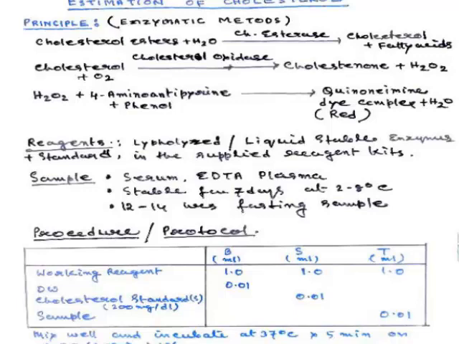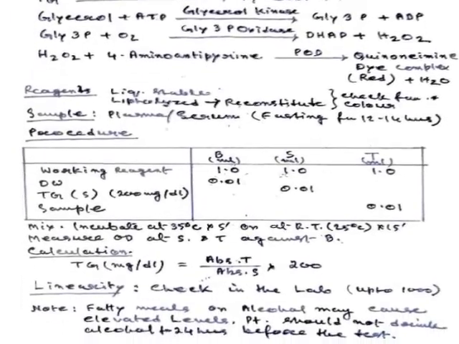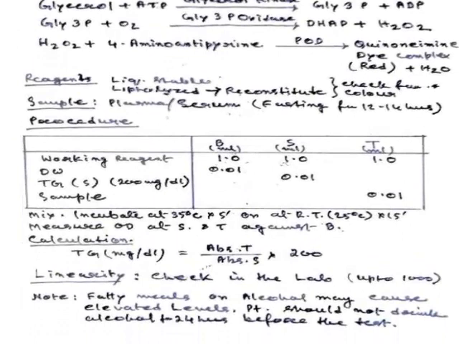Then you have to evaluate and give the interpretation. That is more important. It will be learned more clearly in the practical classes. What else do we measure? We also measure triglyceride. We just go through the protocol I have given here and see how it is measured. Triglyceride is also measured in a similar way. You have certain other chemicals used to make a chromogen, and that chromogen has to be matched using a standard.